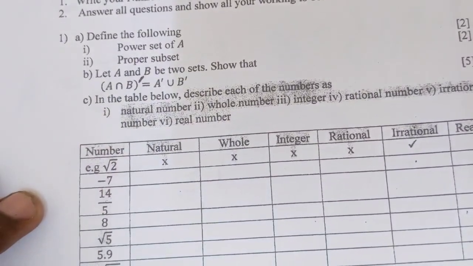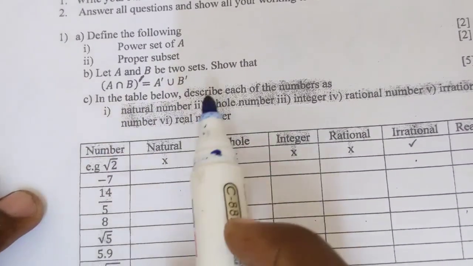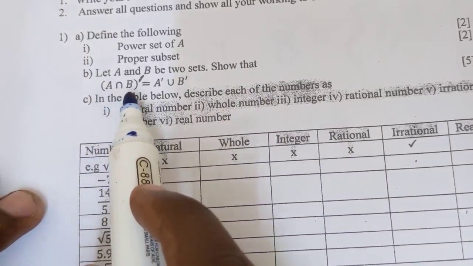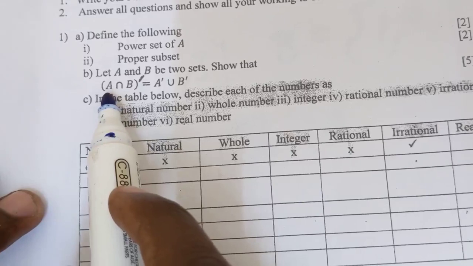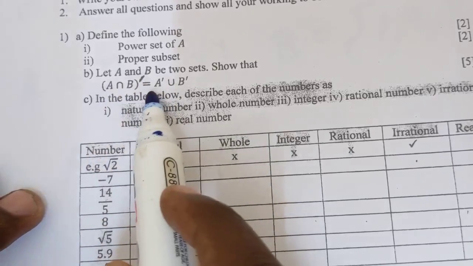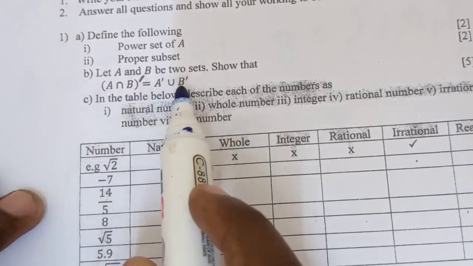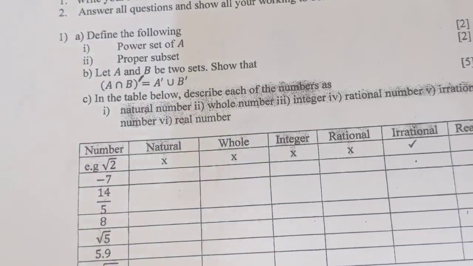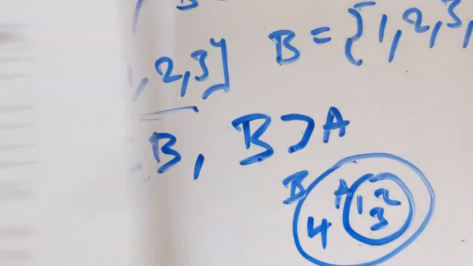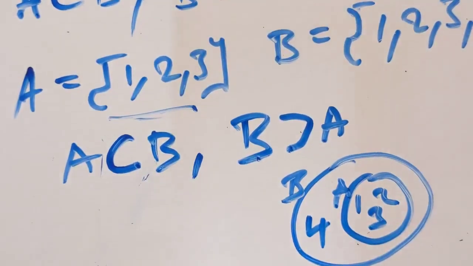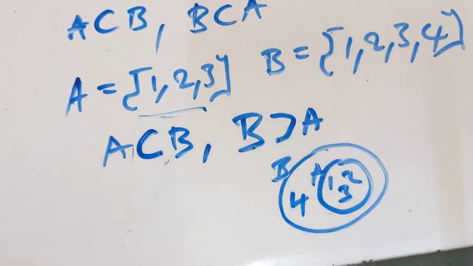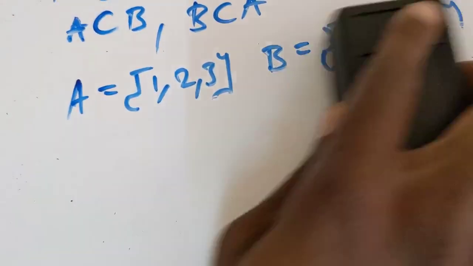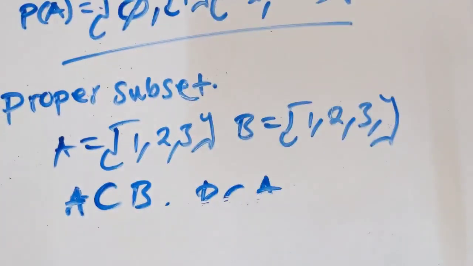Show that A intersection B complement is equal to A complement union B complement. So now how do we show that? Let me write them down here. Let me create more space.